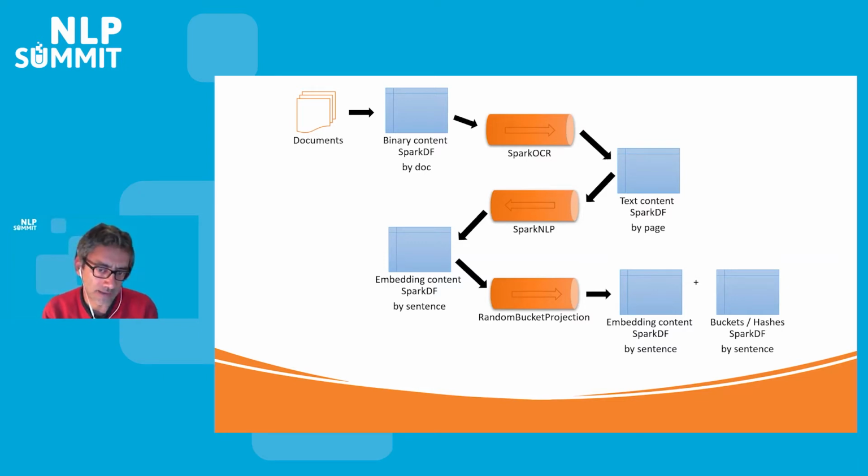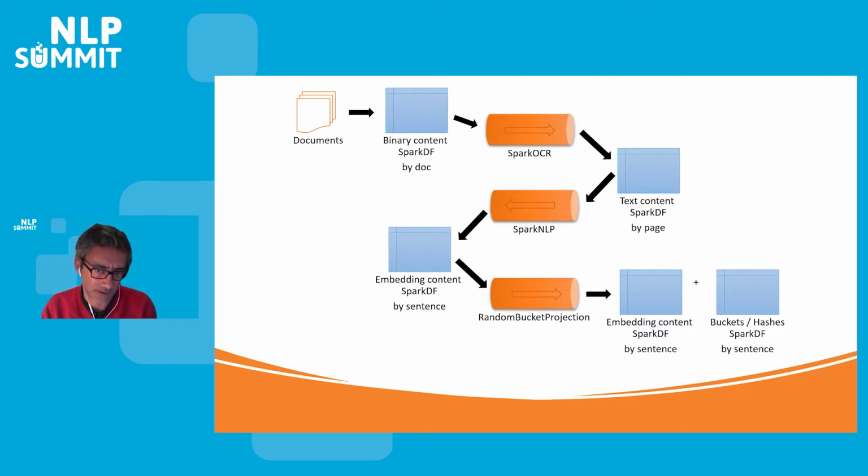You will keep those embeddings from the sentences, but you will also have a kind of index in the form of buckets or hash functions that will help you to identify quickly which other sentences are similar to your target sentence in a very convenient and fast way.